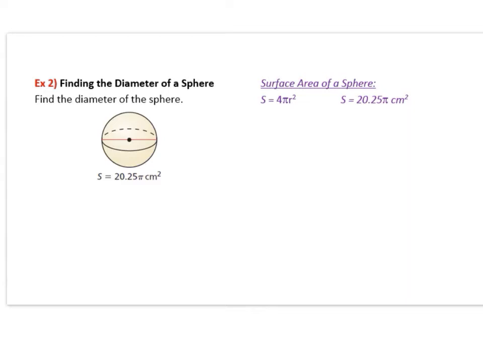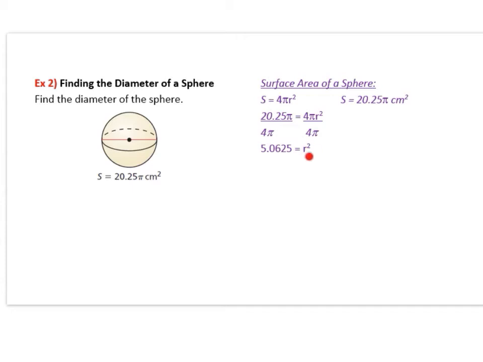So here's a prime example where knowing and recognizing exact values is important. We are using the exact surface area to plug into our formula, equal to 4 pi r squared. What we need to do is solve for our radius, our r value. So next we divide both sides by 4 pi, resulting in 5.0625 equal to r squared.